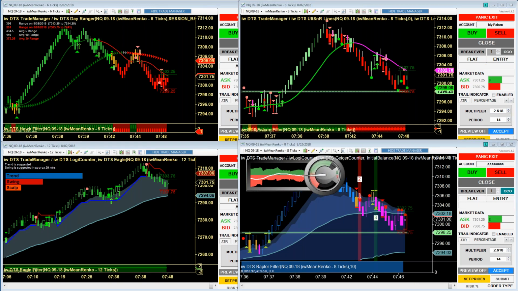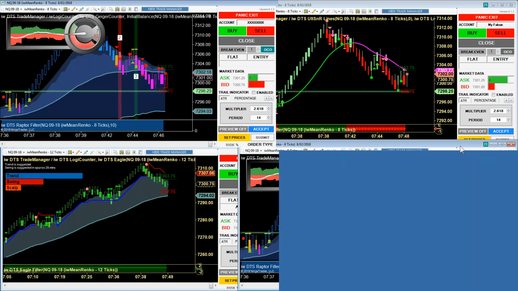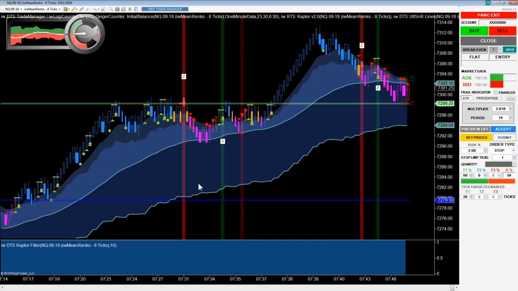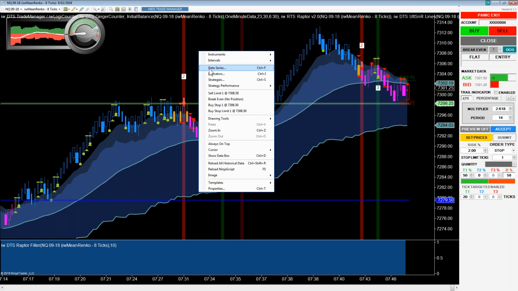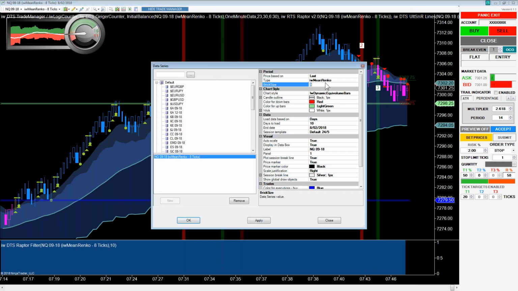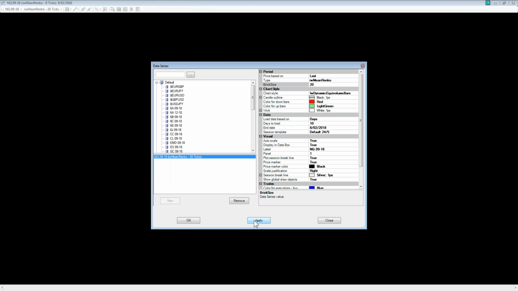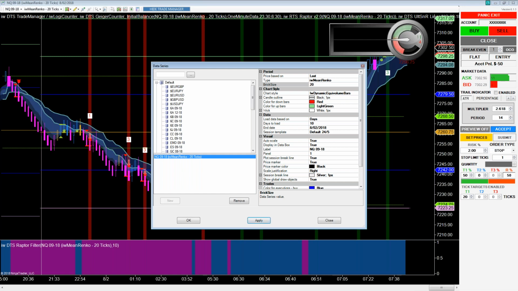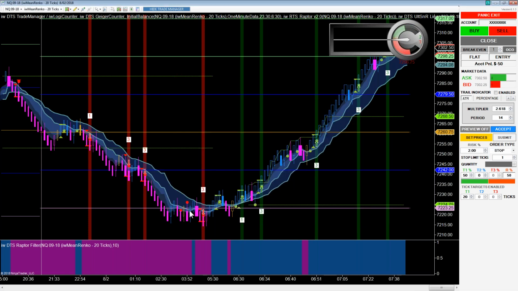So if you wanted, I think it was Phil, I don't remember who exactly, decided to run another Raptor chart in parallel with the trading chart, and he put on a 20 tick Raptor. So change the brick size to 20, and see what that does to your clouds.